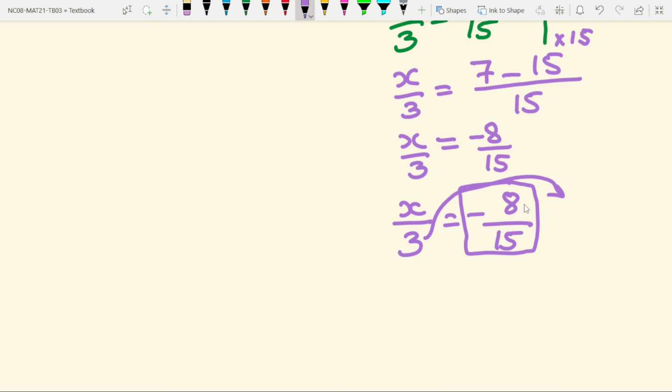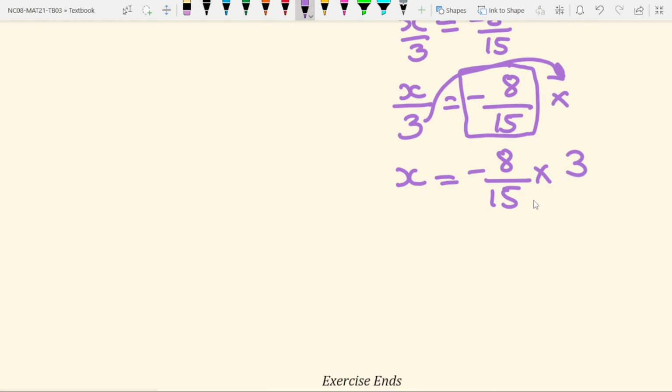So 3 is getting divided with x, so it will change into multiplication. So the equation will become x is equal to minus 8 by 15 into 3. Because minus 8 by 15 is a fraction, in order to multiply, we have to convert this 3, a pure number, into a fraction. So to convert 3 into a fraction, we will divide it by 1, 3 by 1.